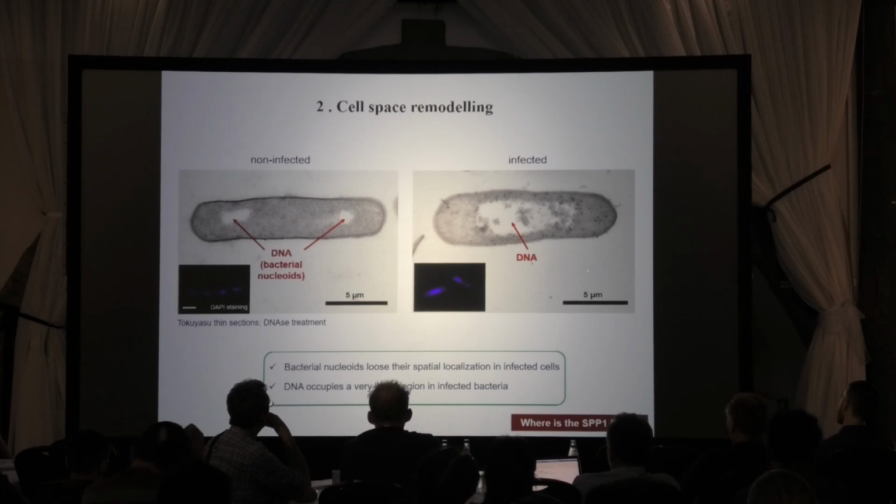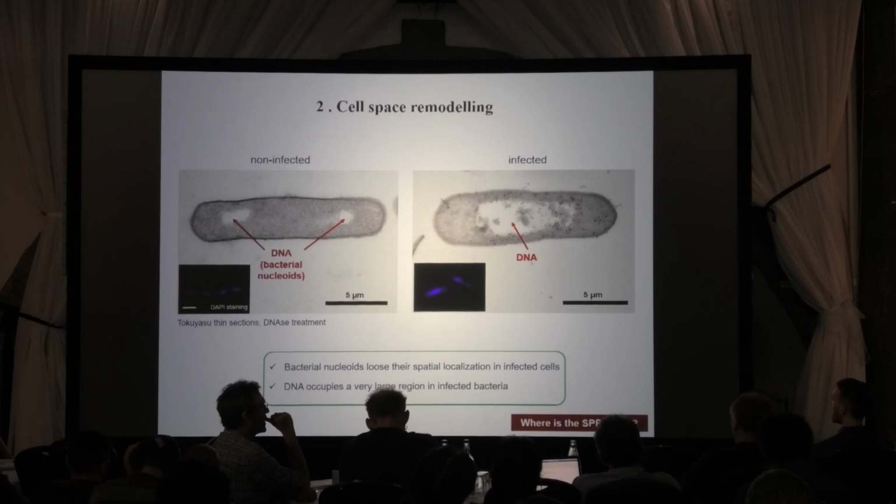But we also know that it gets destructured. So normally there is a specific folding of these bacterial nucleoids, and it's lost. And we may show that by a variety of different techniques. And of course, we can see that there is a huge area occupied by DNA in the infected bacteria, which correlates with a large amount of DNA synthesized.